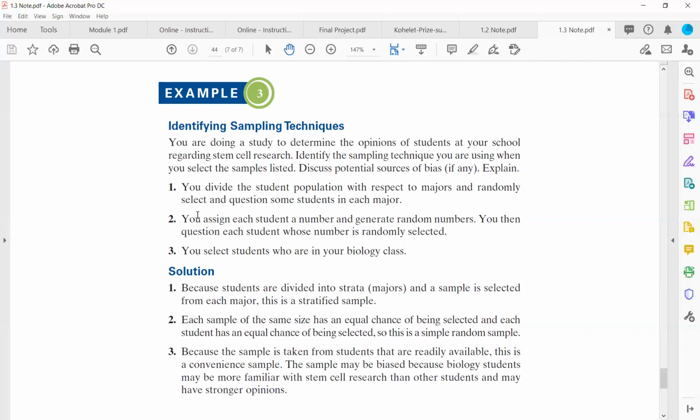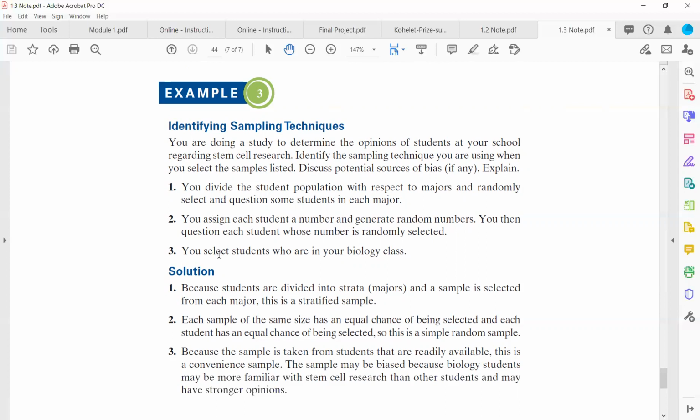For the second one, you assign each student a number and generate random numbers. You then question each student whose number is randomly selected. So this is one of the examples of systematic sampling or just a random sample.